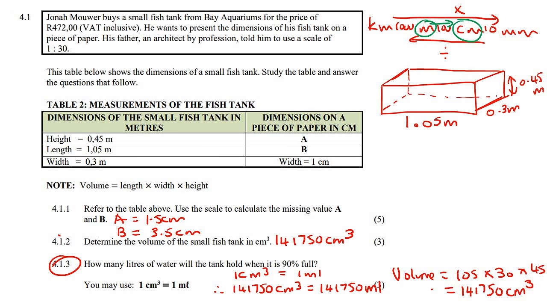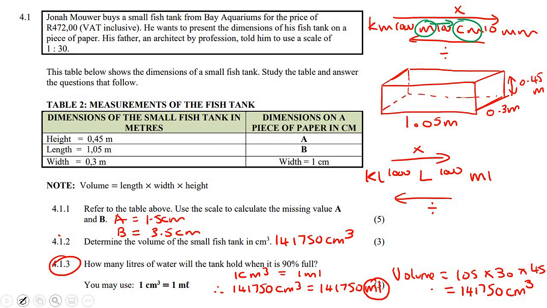Now, we've looked at lessons where you can convert, for example, kiloliters, liters, milliliters, and in between these numbers it's always 1,000. And once again, when you go this way you multiply, when you go this way you divide. So if we are now going to go from milliliters, which is over here, and we want to go this way to liters, because that's what they said, how many liters, then we're going left, so we will divide by 1,000.